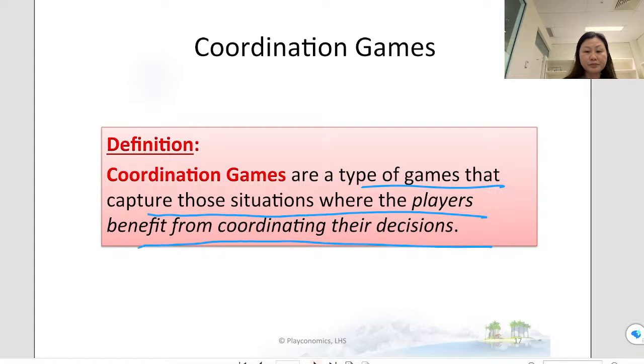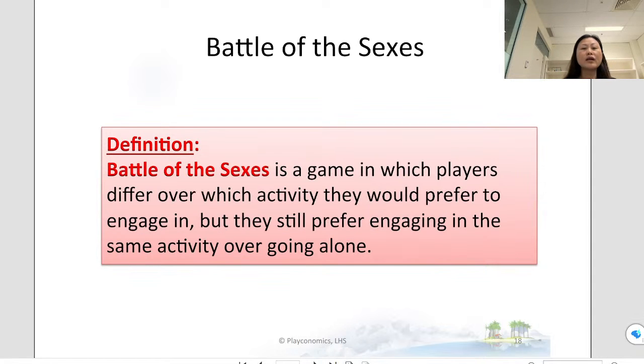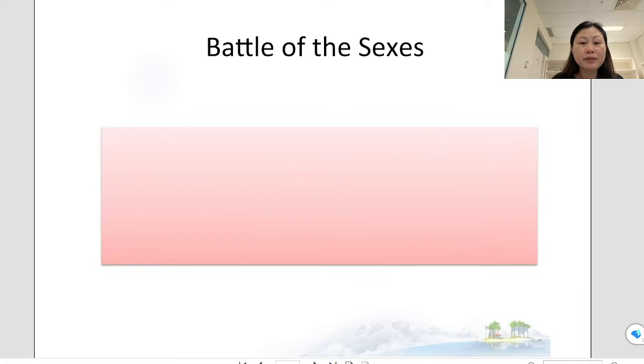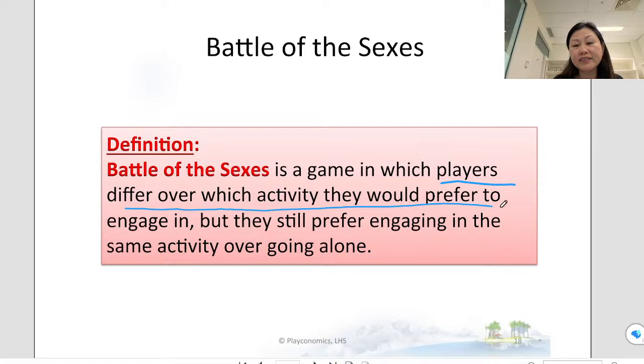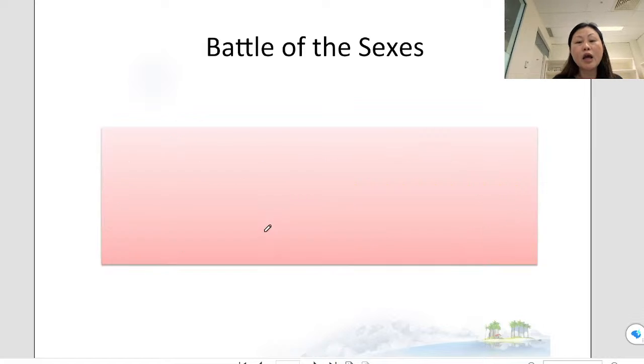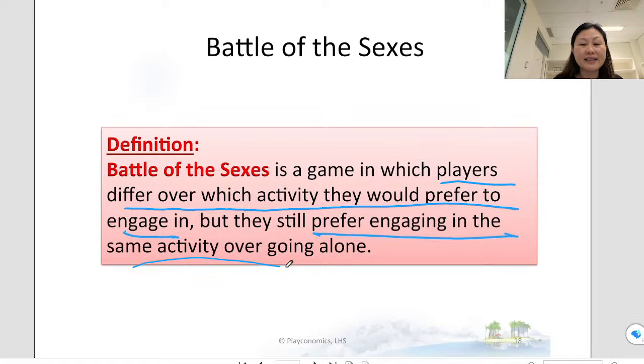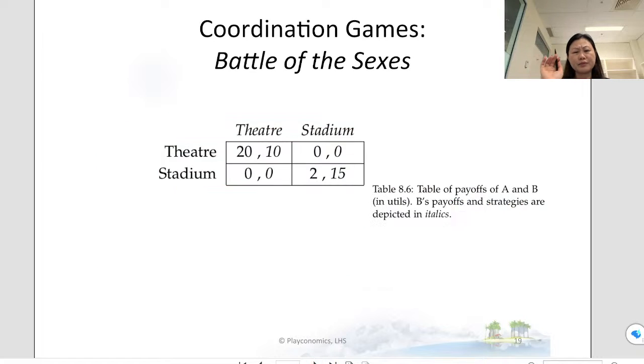For example, we talk about the battle of the sexes. This is a game in which players differ over which activity they would prefer to engage in, but they still prefer engaging in the same activity over going alone. Let's have a look at this example.